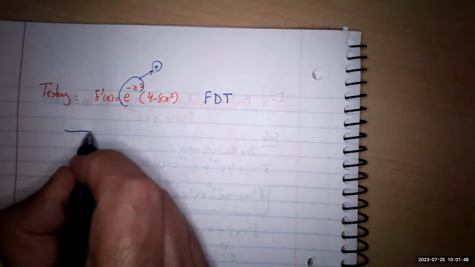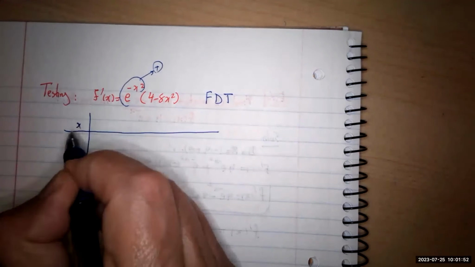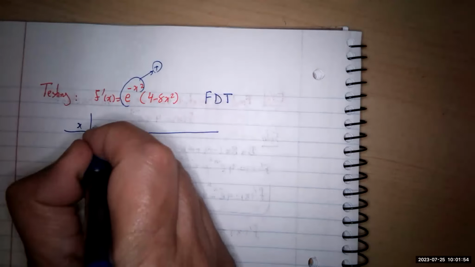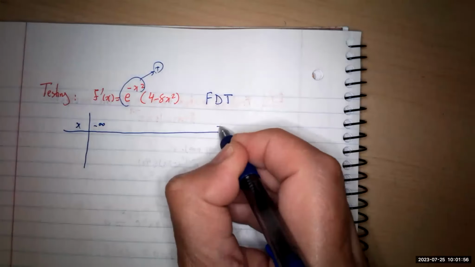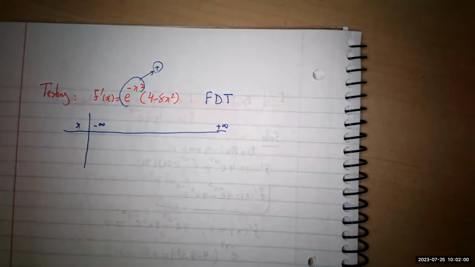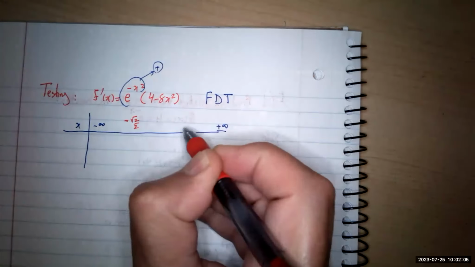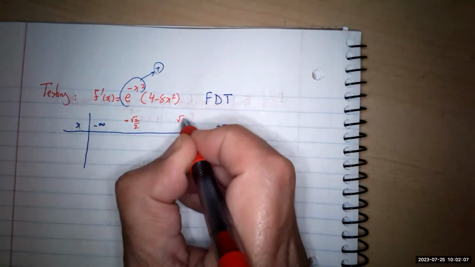So the first derivative test is the suggestion for these types of problems. You need a chart. X, domain negative infinity to positive infinity. Critical values that you want to test: negative radical 2/2 and positive radical 2/2.